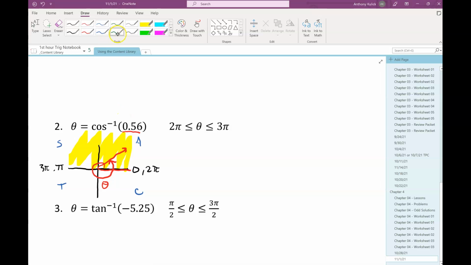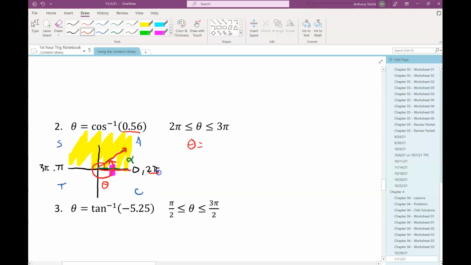And then my alpha is going to be the acute angle formed by the terminal side and the x-axis. And since the last axis that theta passed through was a horizontal, that tells me that I'm going to be adding alpha.